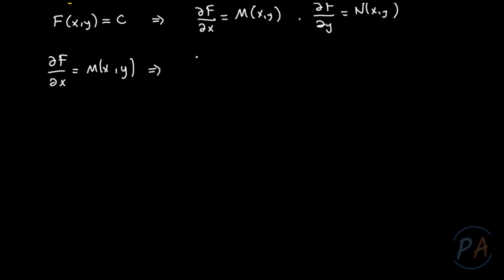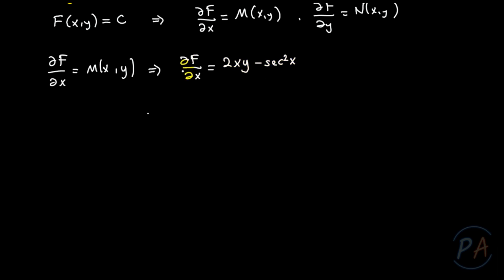So let me write it: the partial derivative of f with respect to x is equal to 2xy − sec²x.